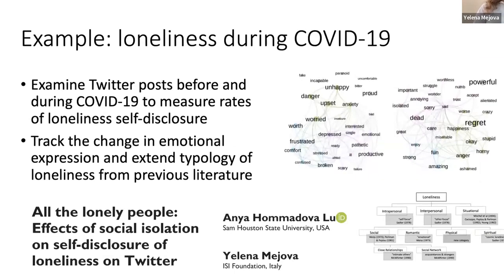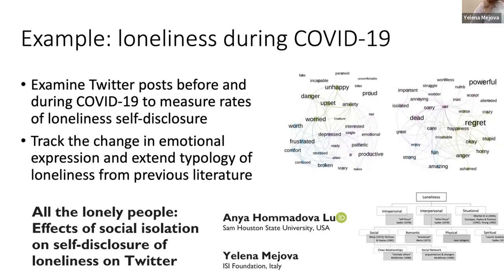And in this recent study, we asked, how did people talk about loneliness during COVID? Because if you're stuck at home for many months, it might get on your nerves, or if you have to attend a conference virtually.